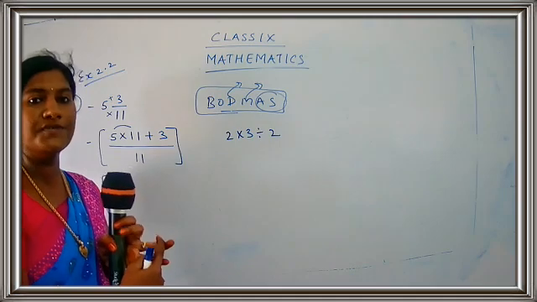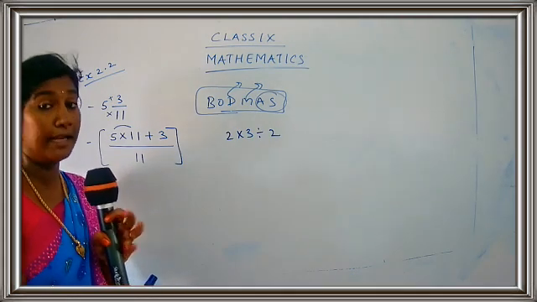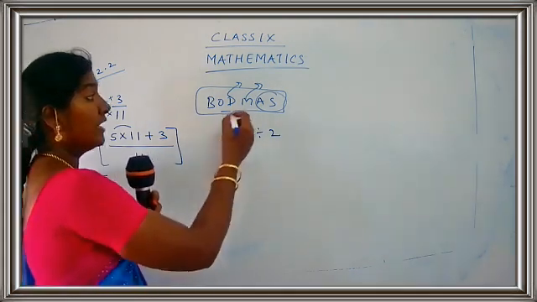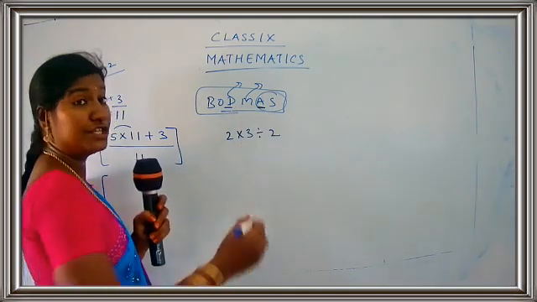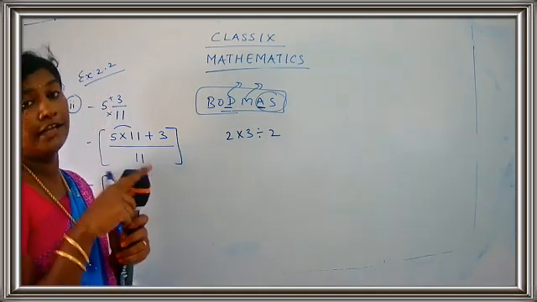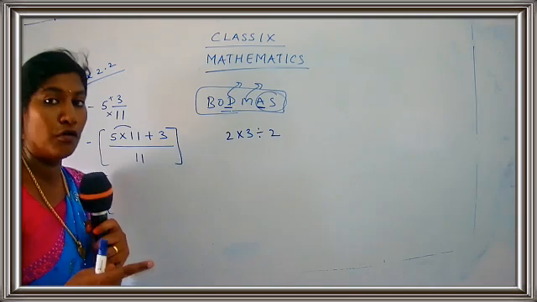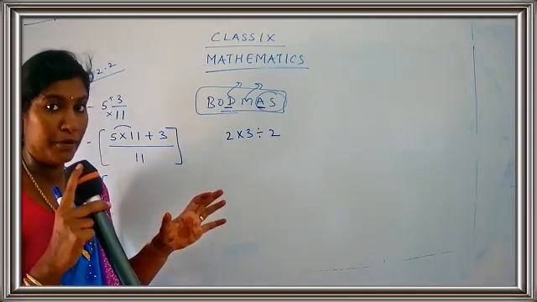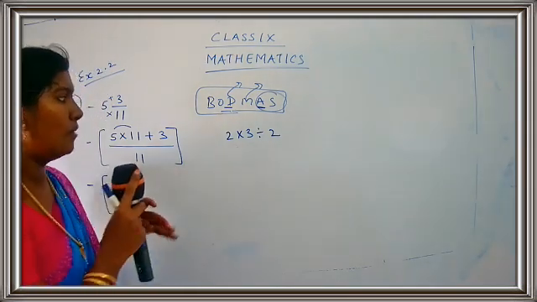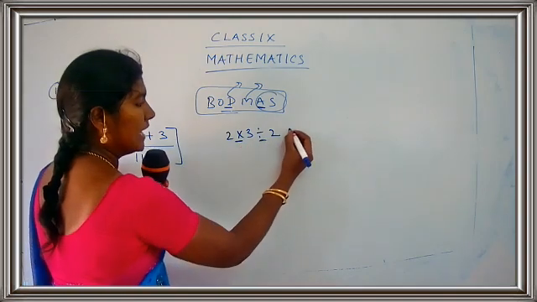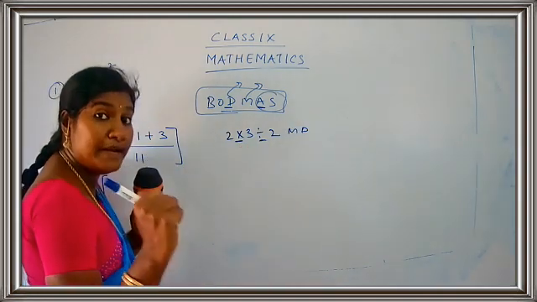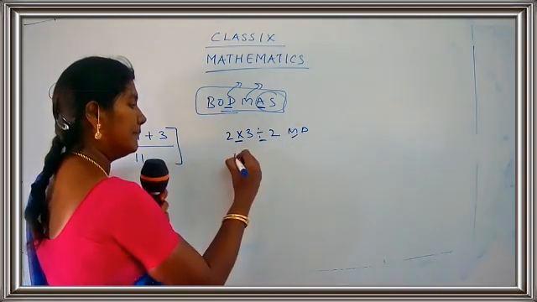If subtraction comes first, you have to do the subtraction part. Getting my point, children? But if you have division and addition, what will be done first? Division will be done first, and then you have to go for the addition. Getting my point, children? So remember, see here now, what is coming here? Multiplication and division. So what will be done first? Yes, we have to do multiplication first.